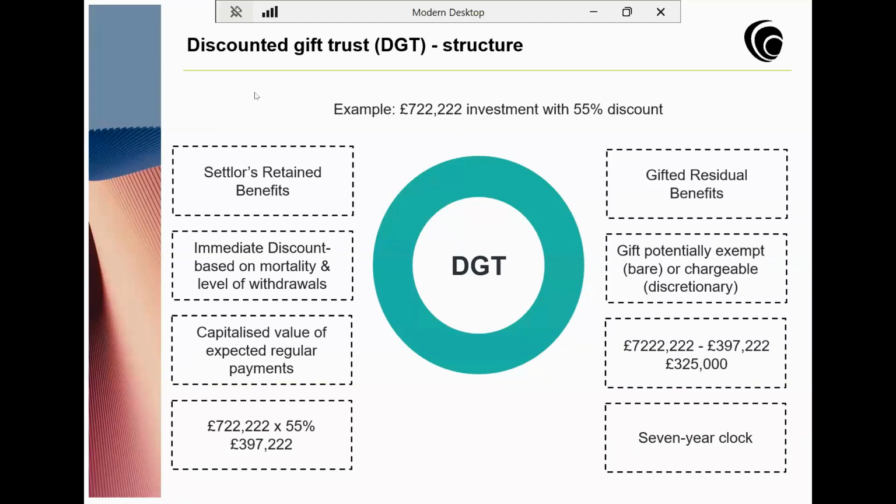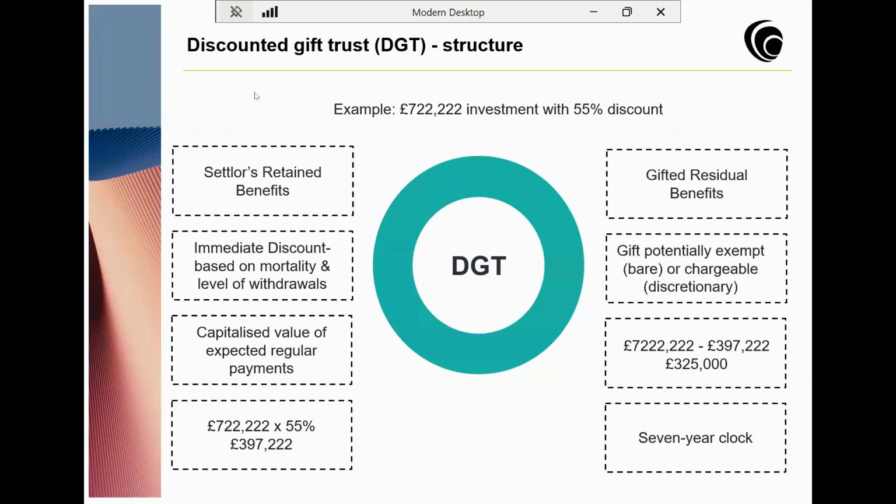So that amount would be classed as being straight outside their estate for inheritance tax once it's been put in place. The remaining, the residual fund, the gifted residual funds, they won't be able to access. And in respect to that, that's then considered to be outside the estate after a 7-year window, the normal 7 years.